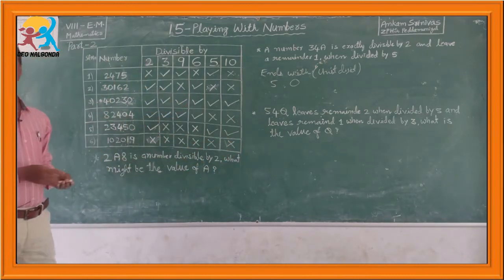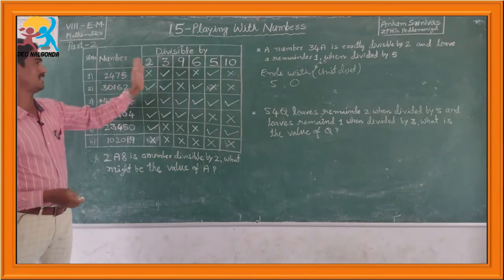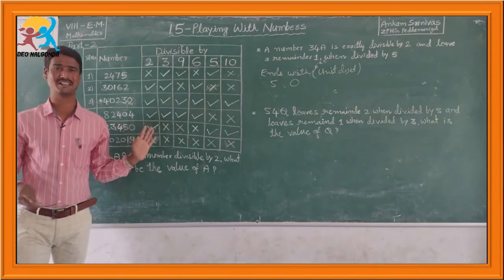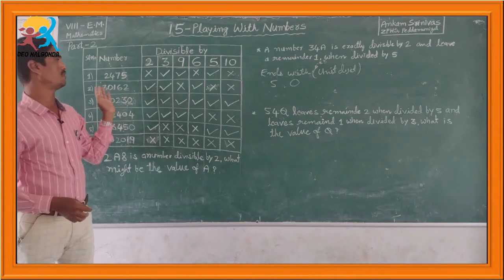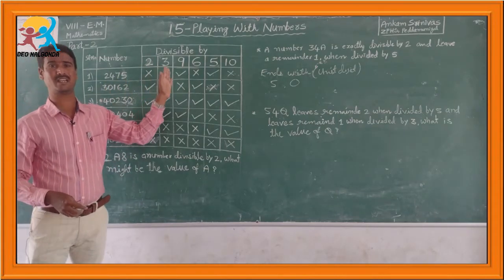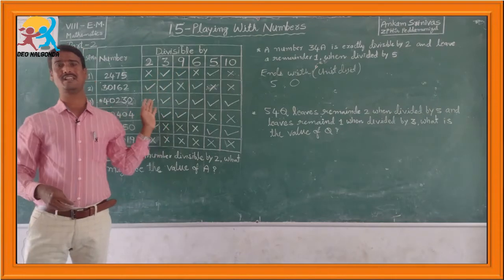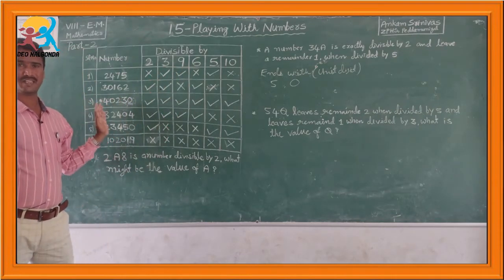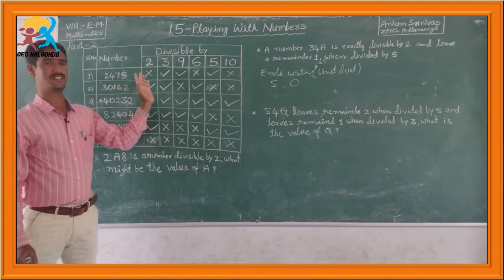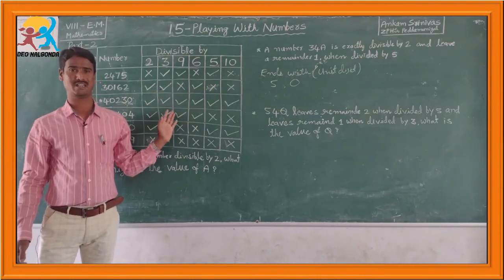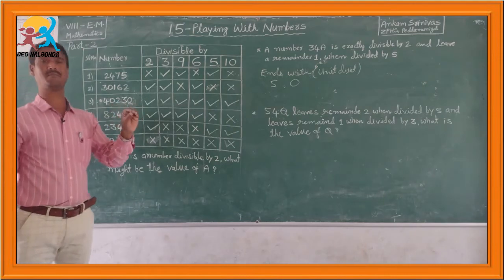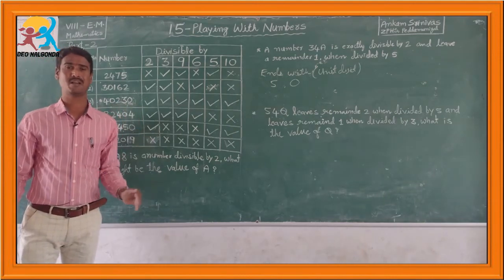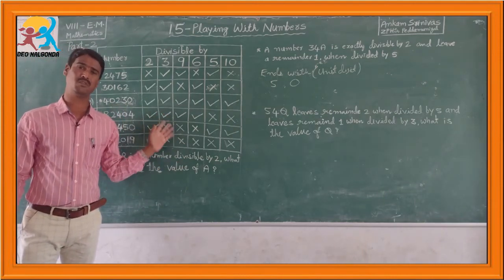So clearly we have to complete this table. Dear children, when given a problem to check divisible by 2, 3, 9, 6, 5, 10, very easily you can verify whether divisible by the given number or not. Yes or no? Let's see some more applications, some more problems depending on the divisible rules.